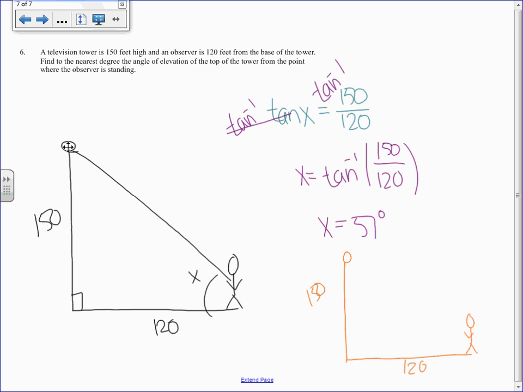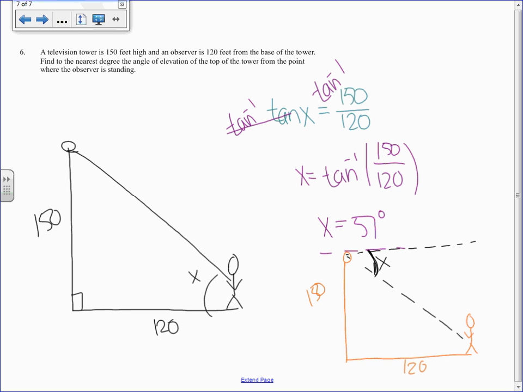So if he looks down, down is an angle of depression. So my guy starting here, when he looks down at his friend, that's going to be this angle right here. Now if I wanted to find out the angle that this guy was looking down, I talked about this in class.